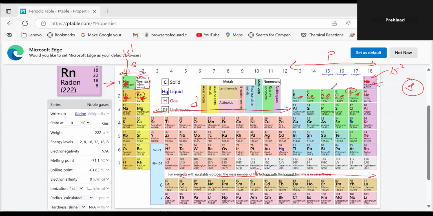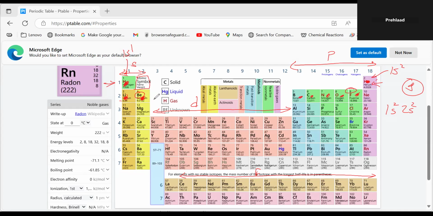So I need to know the electronic configuration of fluorine. How will I go? I will start with 1s, so 1s1, 1s2. Then I'll start with 2s, so that is 2s1, 2s2. From s, now I enter into p.